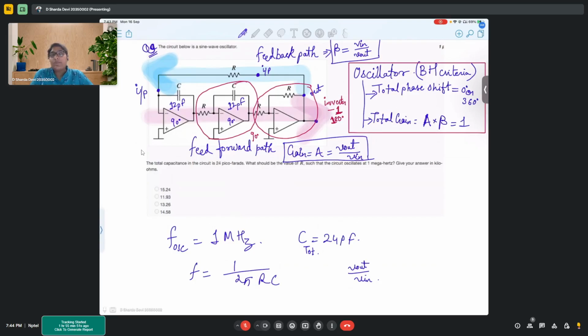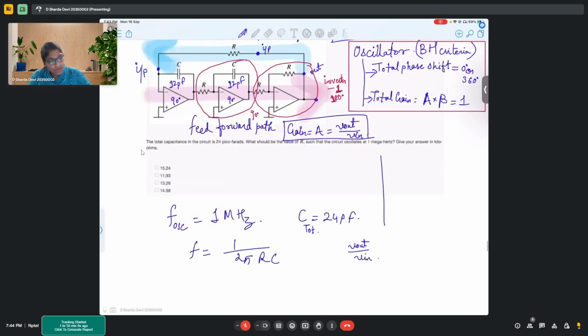It also depends on the operating frequencies. That's why whenever you talk about the frequency response of an amplifier, it looks like this. So we only consider this range as our operational range or bandwidth.